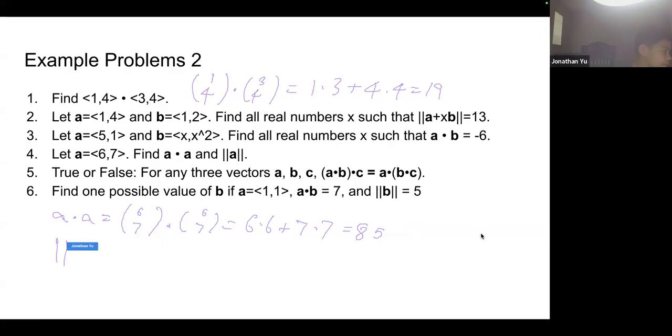And by definition, the norm of A is the square root of 6 times 6 plus 7 times 7, which is the square root of 85. So this is an example of the norm property: norm squared equals the vector dotted with itself. So yeah, pretty simple.